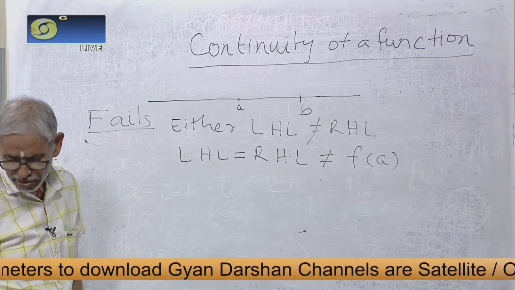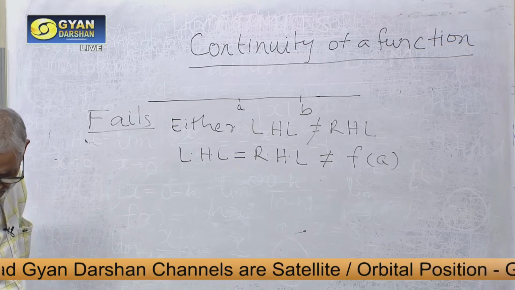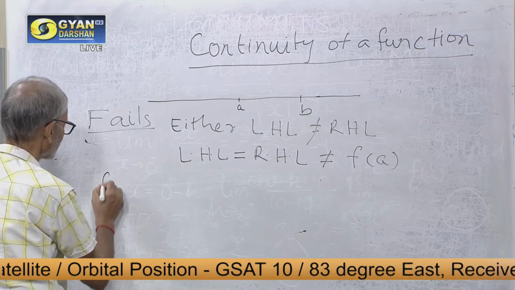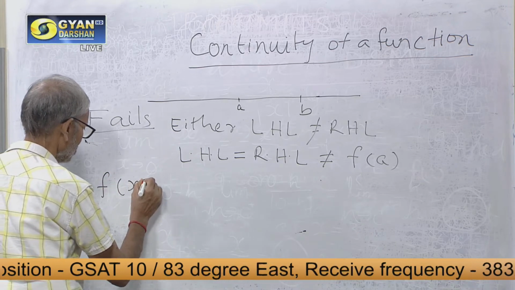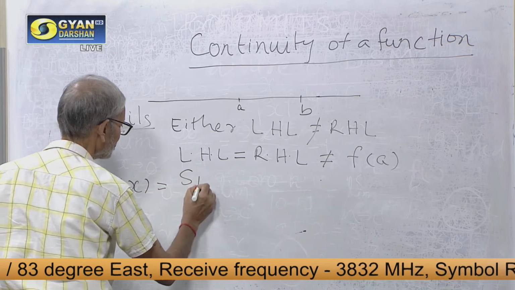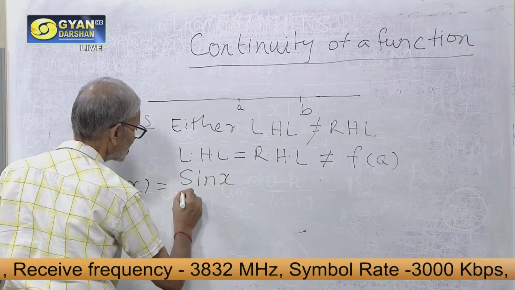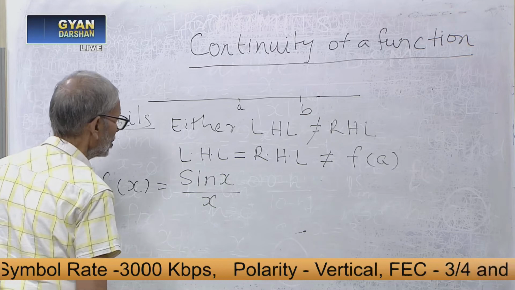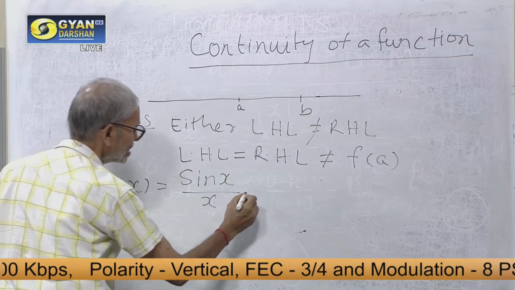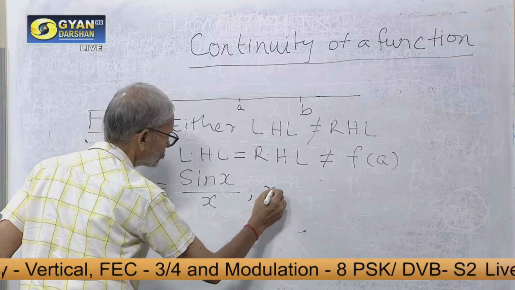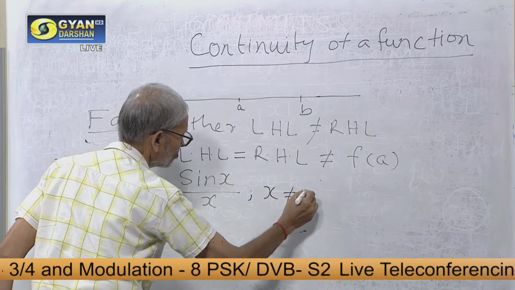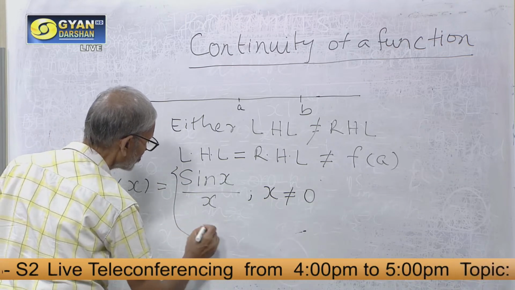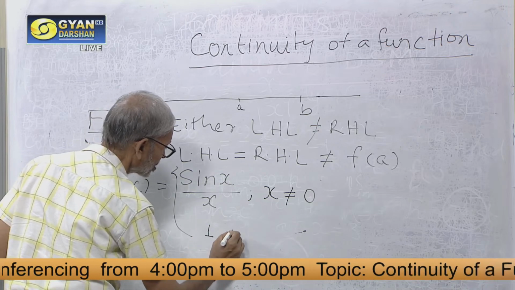But there are more examples. Let us take a few more examples. Say f x is equal to sin x upon x, when x is not equal to 0, but when x is equal to 0, it is defined as 1.